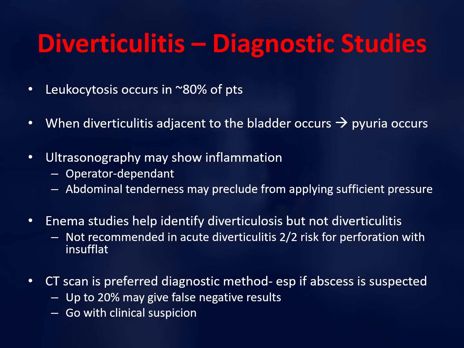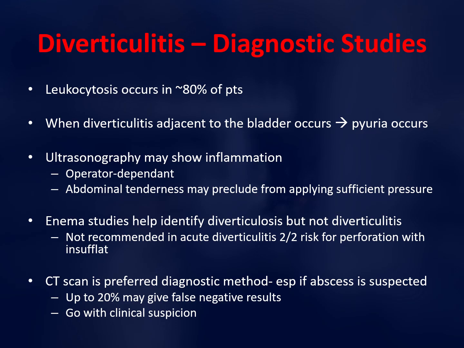As we know, ultrasonography is operator dependent, and sometimes abdominal tenderness may preclude applying sufficient pressure to examine the involved colonic region. Enema studies help to identify diverticulosis but not diverticulitis, and they are not recommended in acute diverticulitis secondary to the risk of perforation with insufflation.